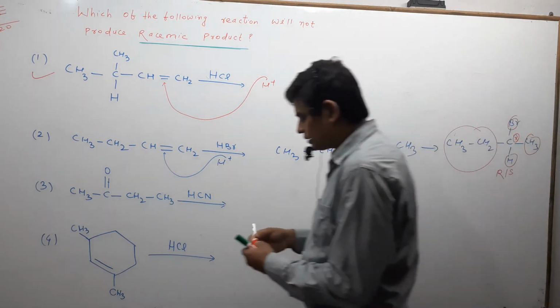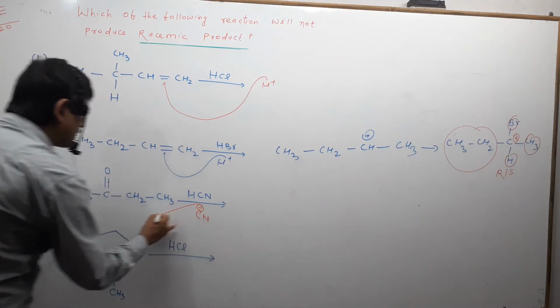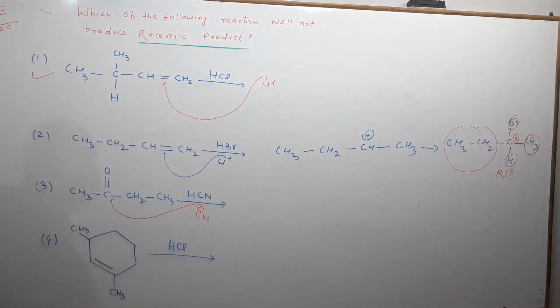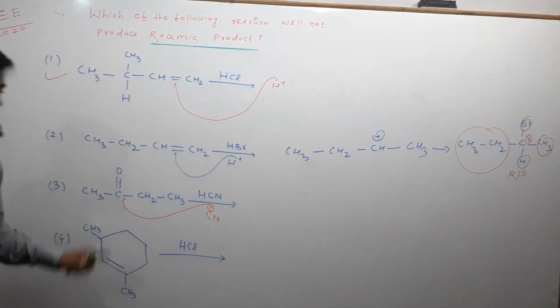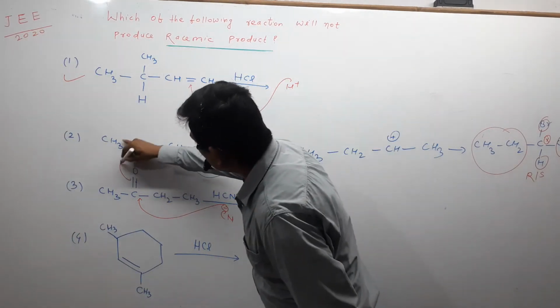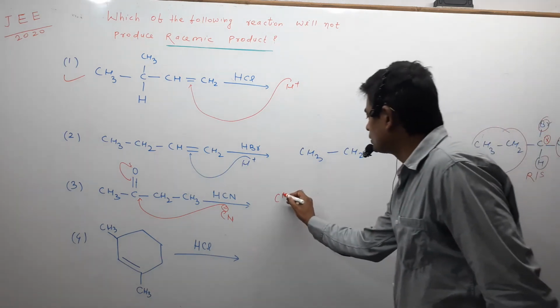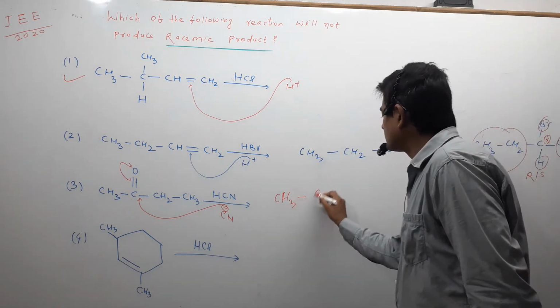Okay, let us see about 3. Here this CN ion will attach at this carbon, and this is called a nucleophilic addition reaction. This pi bond will shift onto oxygen and a negative charge will develop on the oxygen.